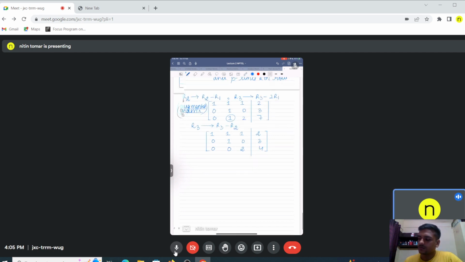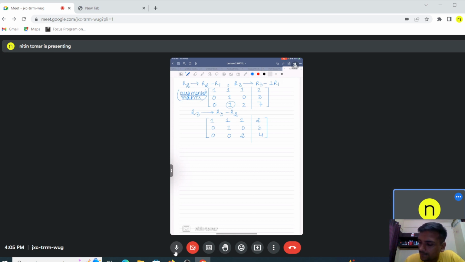So now can you find the solution? See, it is in upper triangular form now, right? Yes, sir. 2z is equal to 4, unique solution. So you will have z is equal to 4 by 2, which is 2, correct?